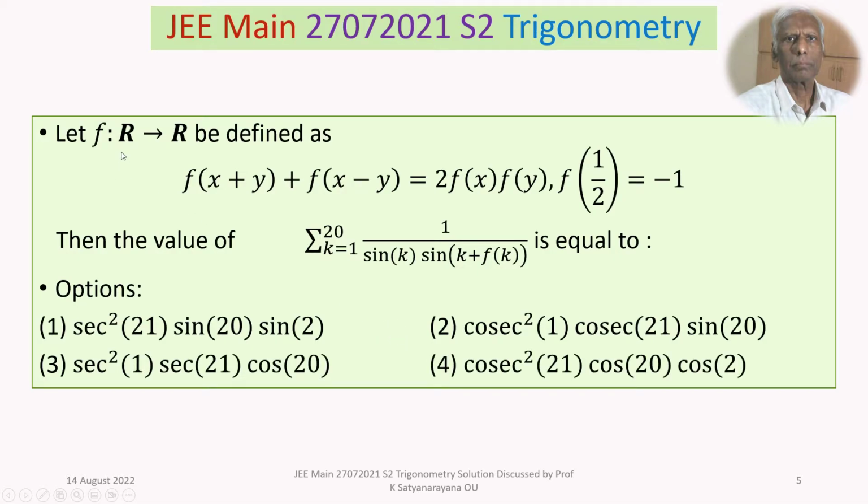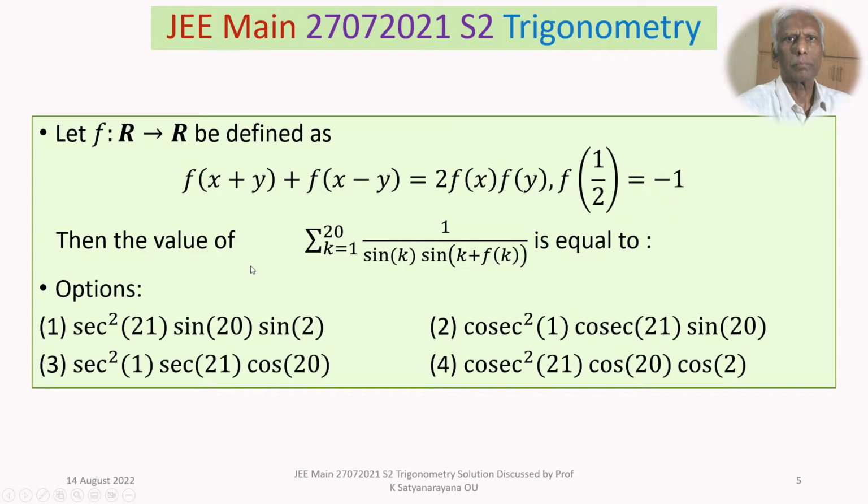And f is a function from the set of real numbers to itself, defined this way: f of x plus y plus f of x minus y is equal to 2 times f of x into f of y, and the value of f at 1 by 2 is minus 1.